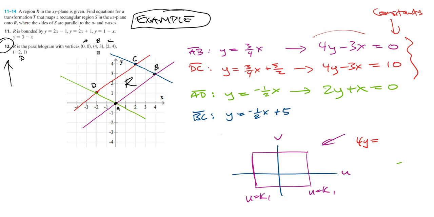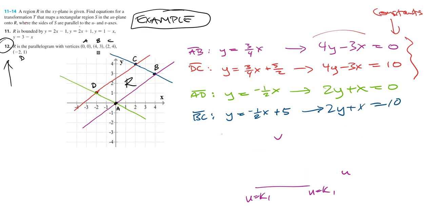And on the other one, I multiply by 2 on both sides, and I get 2y plus x equals 10.